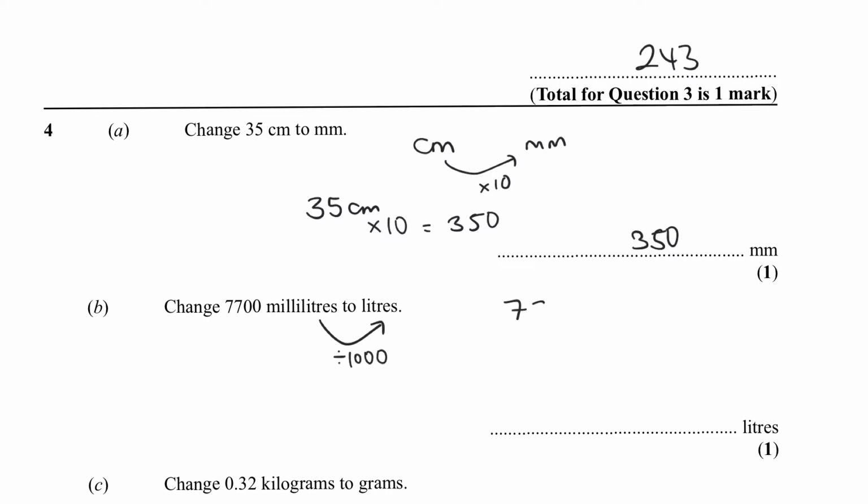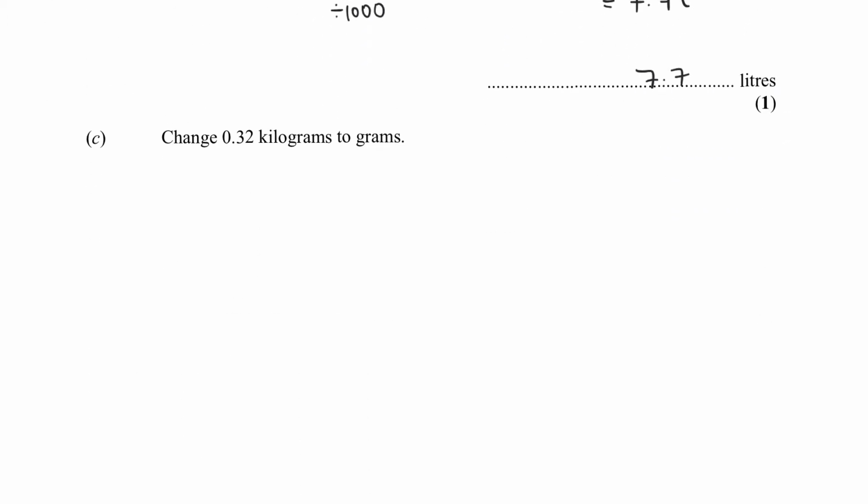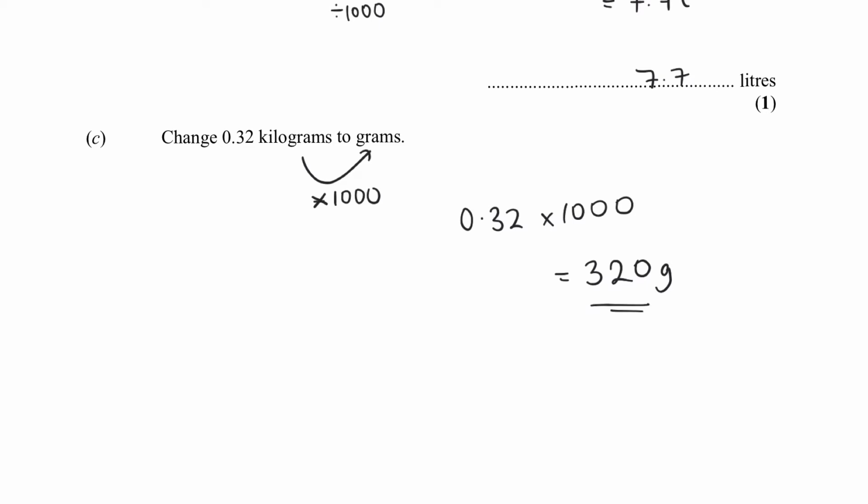So then you would do 7,700 divided by 1,000, and that would leave you with 7.7 litres. And then part C, you're going from kilograms to grams, which would be times 1,000. So then 0.32 times 1,000 would leave you with 320 grams. And that's that answer.